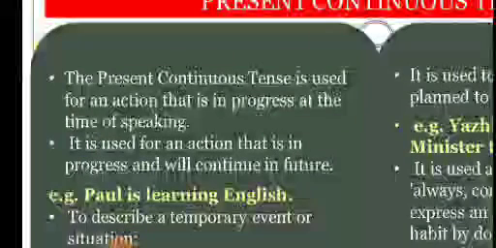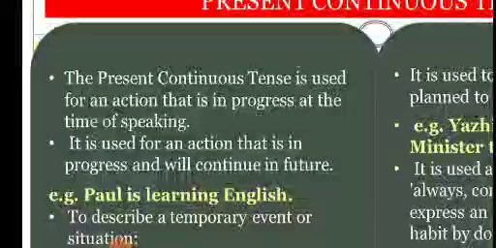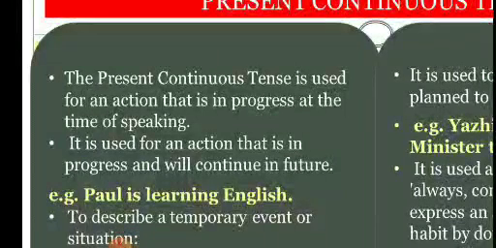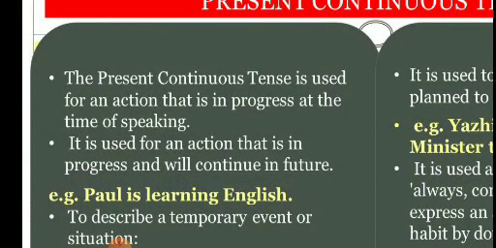So present continuous tense is used for an action that is in progress at the time of speaking. It is used to express the idea that something is happening now, at this very moment. It can also be used to show that something is not happening now.